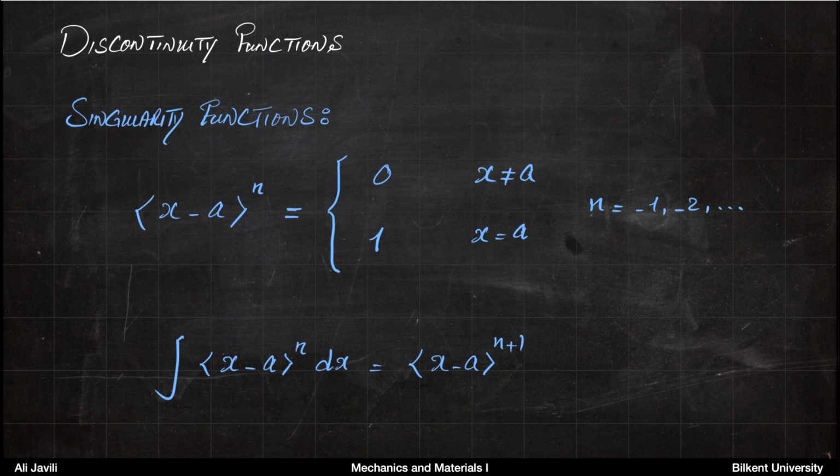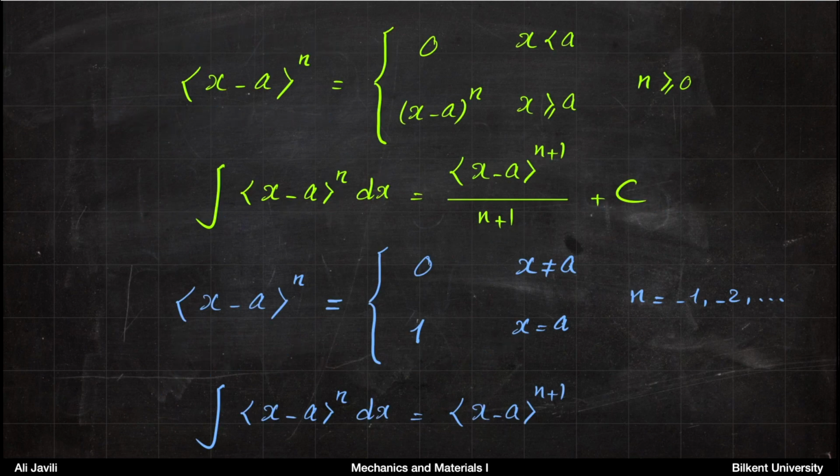Okay, so if we combine the so-called Macaulay functions and singularity functions together, we will have this picture. You can see we have these Macaulay brackets, but in the upper part, in the green part, the power n is larger or equal 0, and here that power can be minus 1, minus 2, and so on, so it's less than 0.